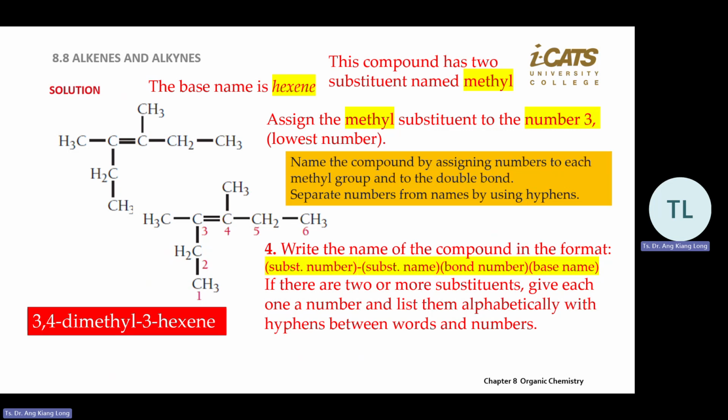So you just flip this one here. This one will go up. So you have positions 3 and 4 for the methyl. Because there are 2, you put in di. Two the same, so you put di. If you have 3, it means tri. And 3-hexene, hexene is this one, right?